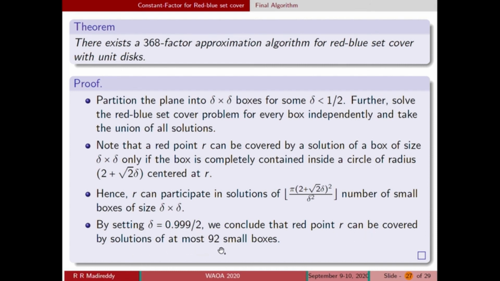Therefore we lose 92 for each small box, and we lose a factor 4. So in total a red point can be counted at most 368 times, so we lose a factor 368. So finally we got a constant factor approximation for the problem.